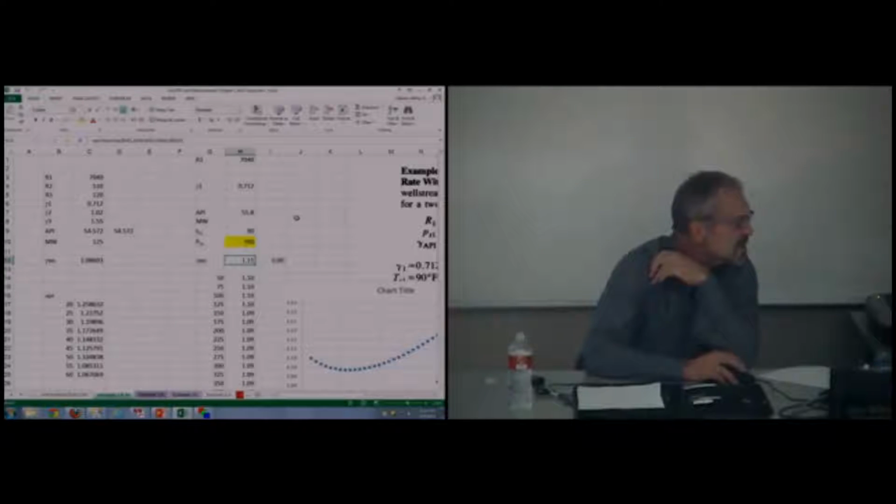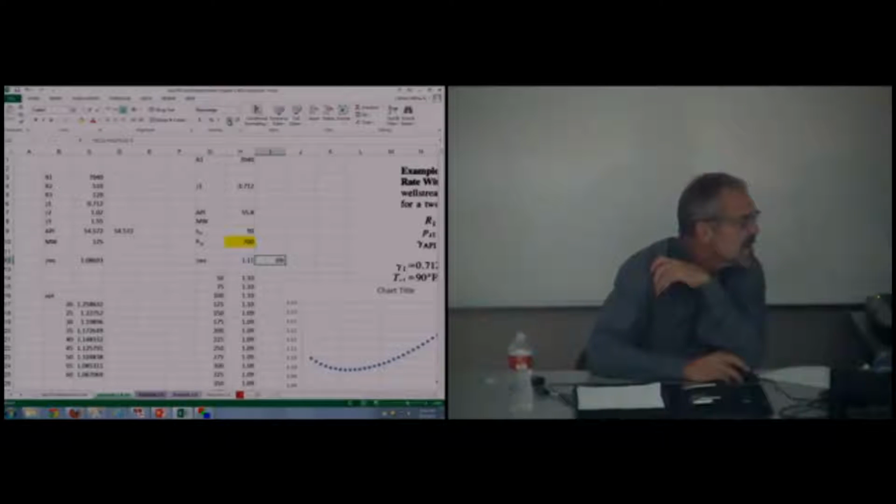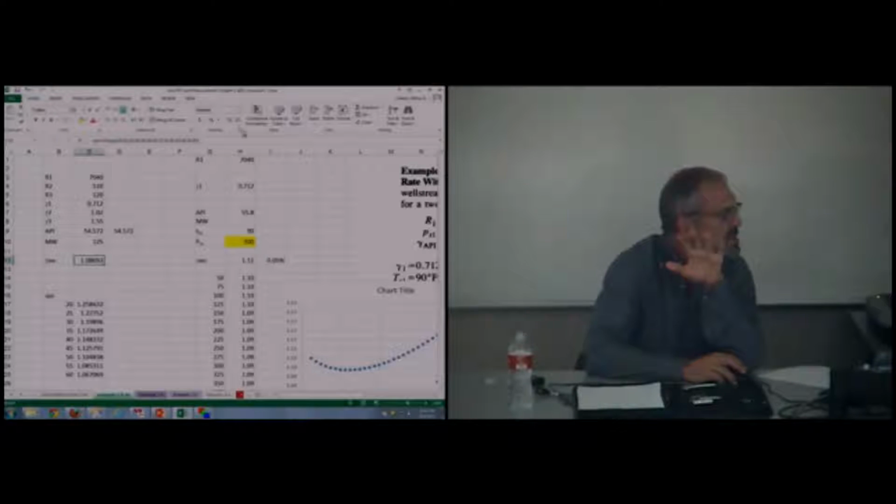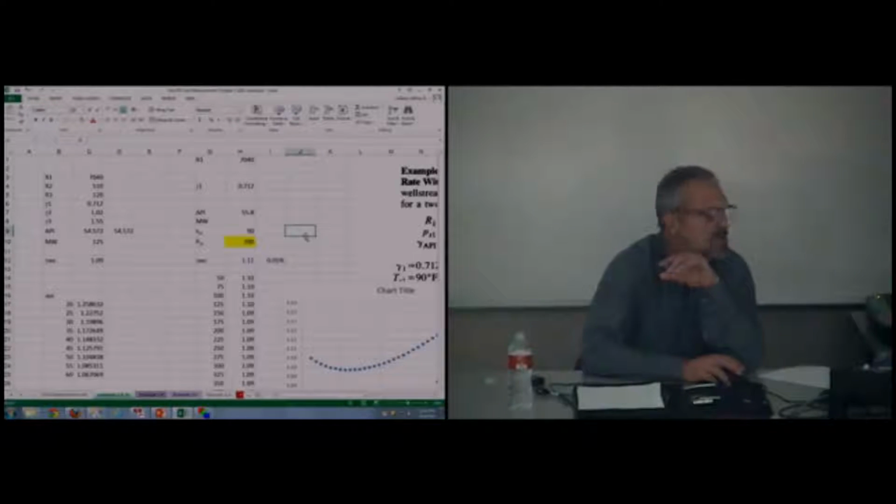Now, let's see, what is this? Well, this is my error. There's only a 0.05% error in calculating using correlations than in using a calculation with all the data, okay?